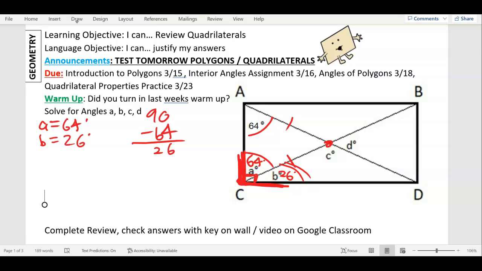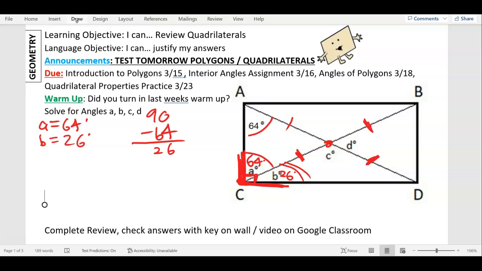Okay, now before we can find angle C, once again, we know in a rectangle with these congruent diagonals, all these diagonals have been bisected. So that means that this side is congruent to this side.